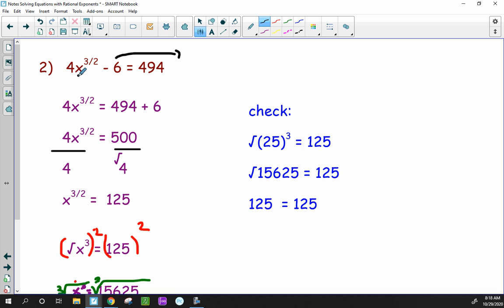Again, please pay attention to where the fraction power is placed. It's only on the x. So if you're thinking about it in terms of a radical, because I forgot to show you that on the last problem, if you want to instead turn it into a radical up front, then you would have to see this as 4 is the coefficient, and then this term becomes the square root of x to the third.